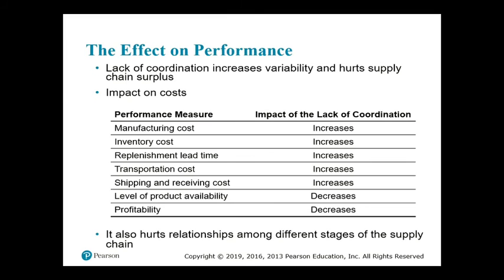So in summary, if there's a lack of coordination, it can hurt the responsiveness of the supply chain, increase the cost of the supply chain, and reduce product availability as well.